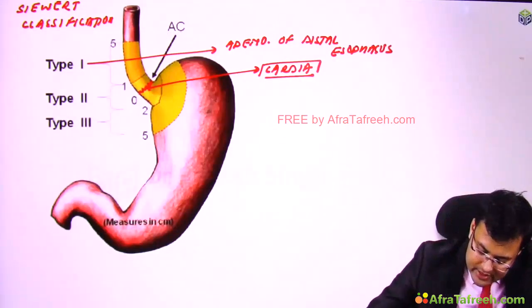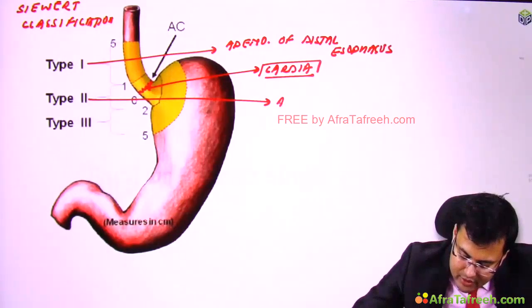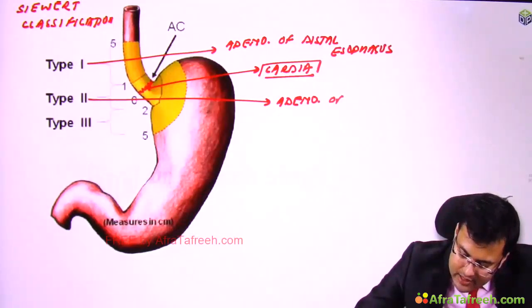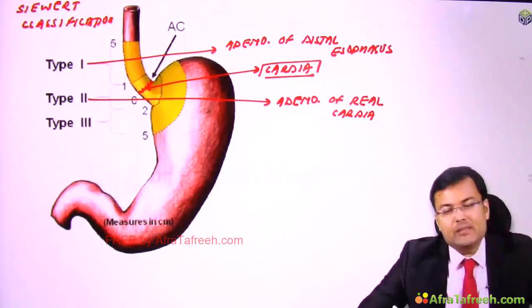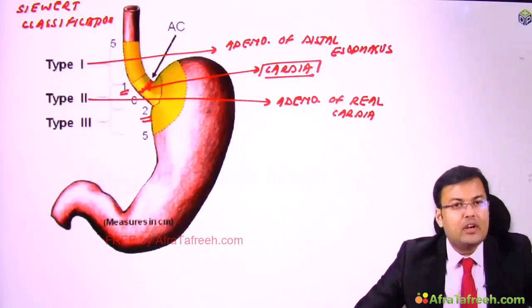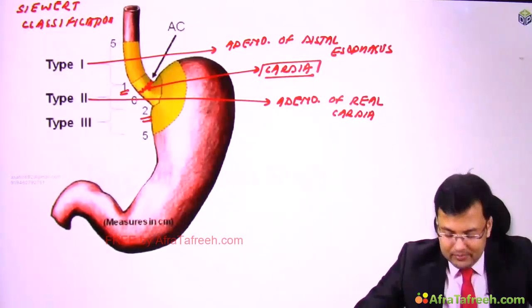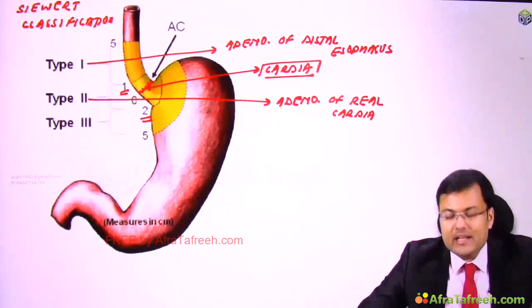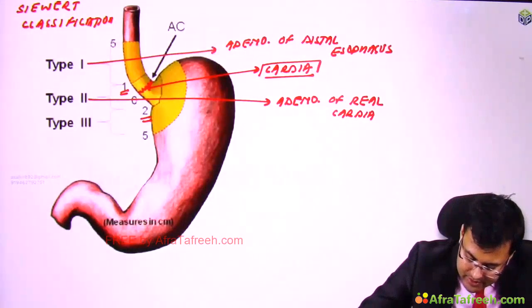Now can you see this is type 2, and this is the adenocarcinoma of real cardia. And what's the location? It's from 1 centimeter above cardia till 2 centimeter below cardia. After that, see, this is type 3.